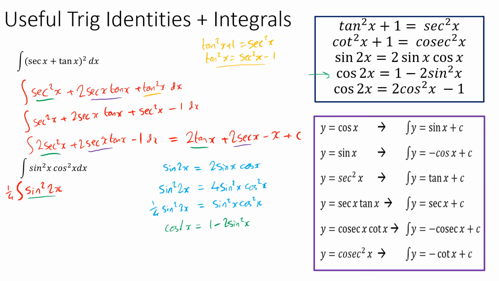We're going to have to say cos 4x is equal to 1 minus 2 sine squared 2x, and we're going to have to rearrange that again. So let's do this in a few fewer steps. We swap the sine squared and the cos, and then we divide by 2.